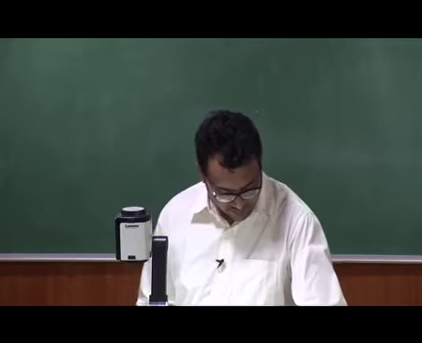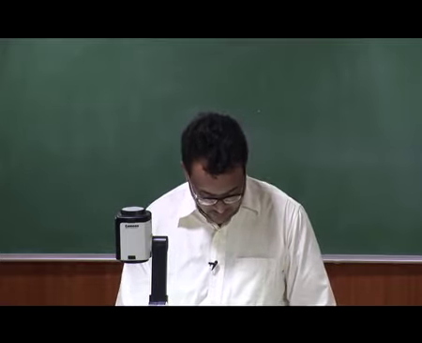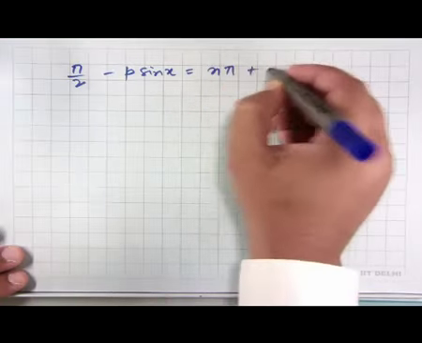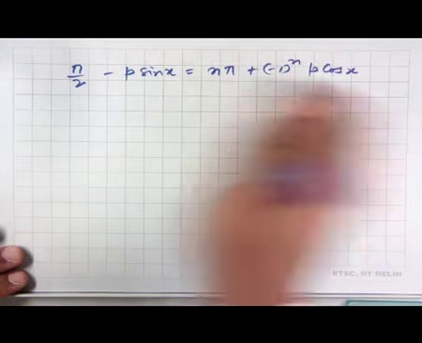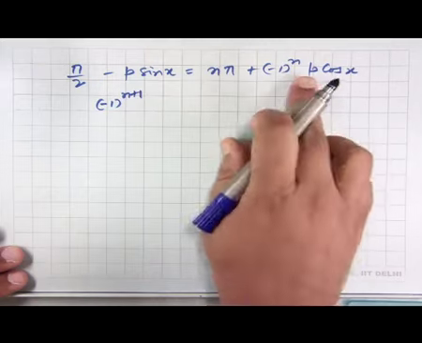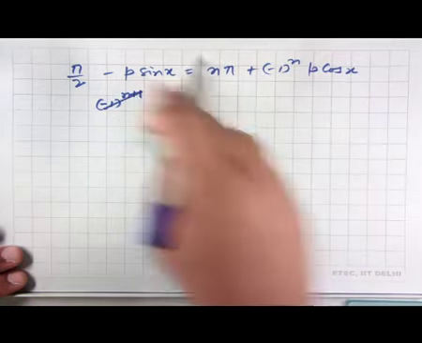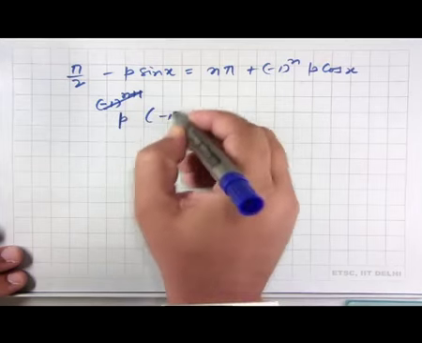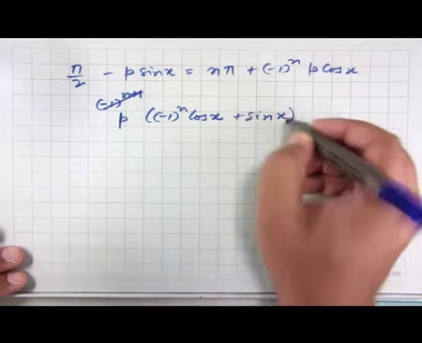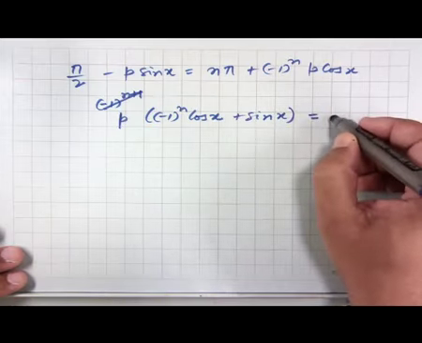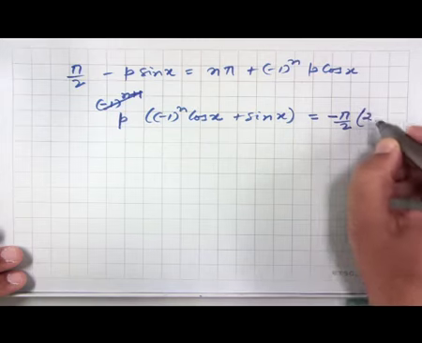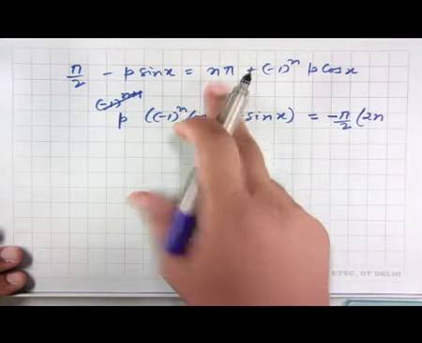We can try like this for negative n also. In general, what we can see is that this equation for a general n can be written, and it will be easier to take sin x on this side, so it becomes p into minus 1 to the power of n cos x plus sin x equals minus of pi over 2 into 2n minus 1, that is because of this term.